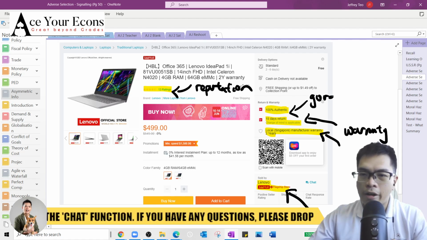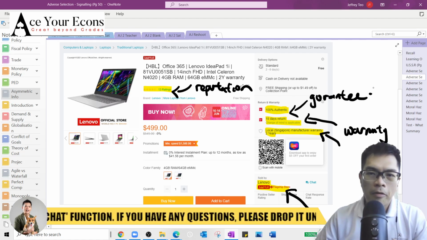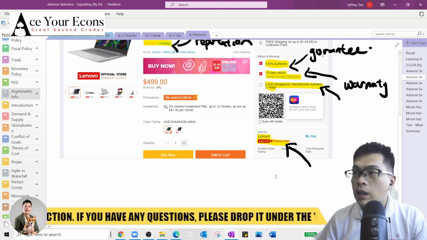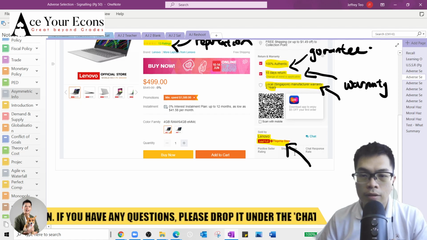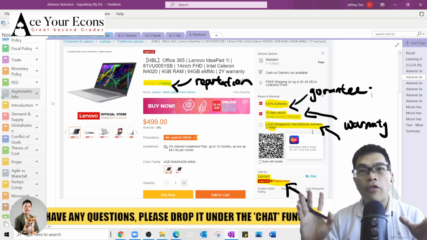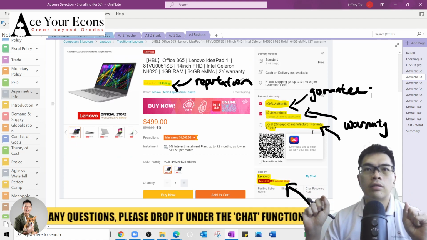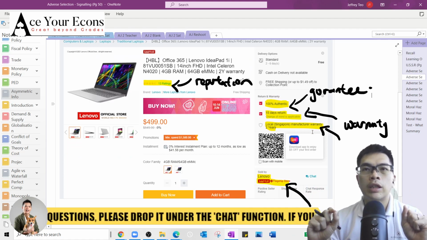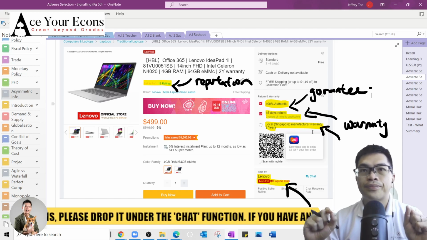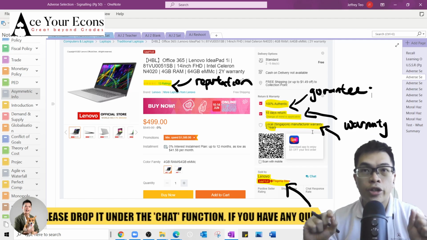This is a form of guarantee. They promise you that it is 100% authentic, and it is sold by the actual shop itself. All these are forms of signaling, to signal to the consumer that the quality of the good is reasonably assured, that this is a peach, not a lemon.